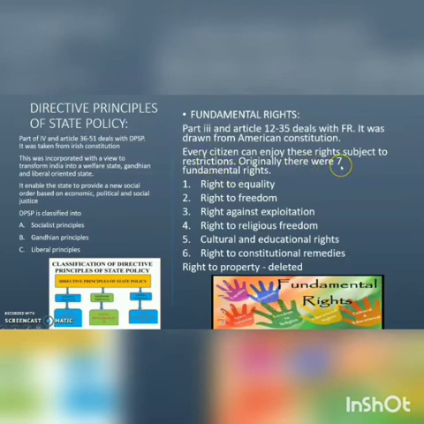Originally there were 7 fundamental rights, but one right is deleted. I've written it down, that is, the right to property is deleted. Now, apart from the deleted right, what are the rights we enjoy?